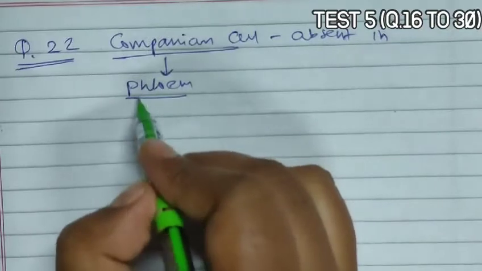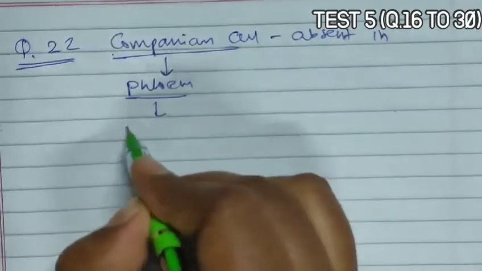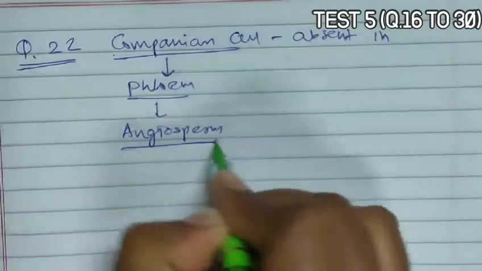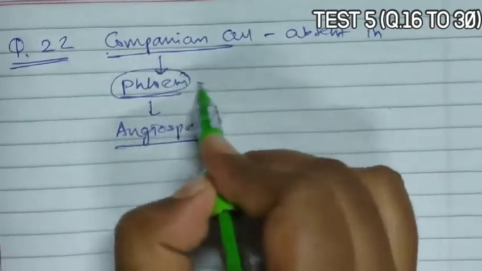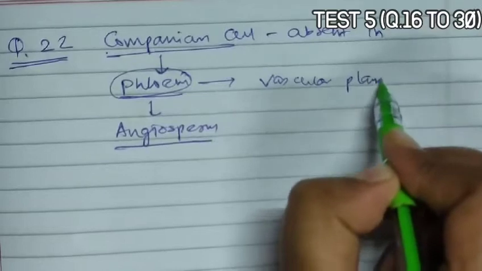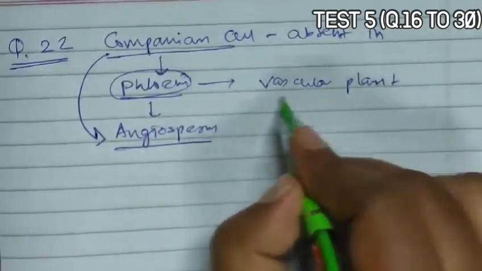They are present in the phloem, and companion cells are a characteristic of angiosperms. Phloem is a vascular tissue found only in vascular plants, and companion cells are a characteristic of angiosperms.